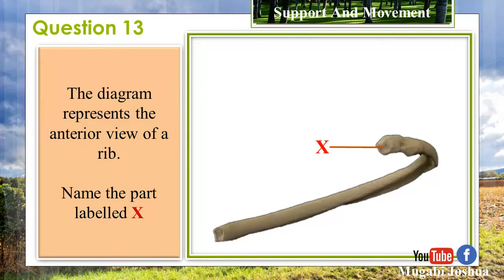That part labeled X, we call it capitulum, or sometimes it is called head. It is the part of the rib which articulates with the vertebra of the skeleton. So that is the rib, and X is the capitulum, or sometimes we call it the head.